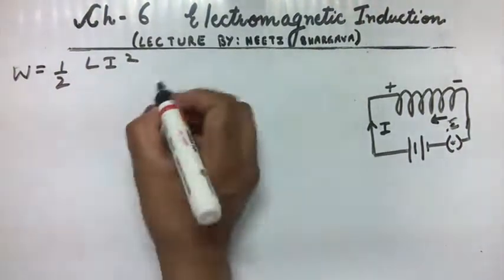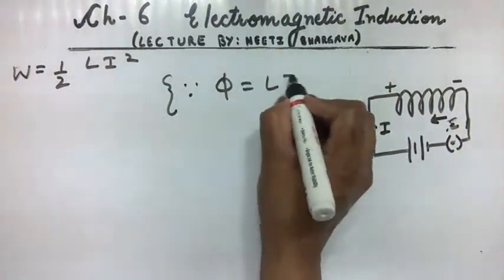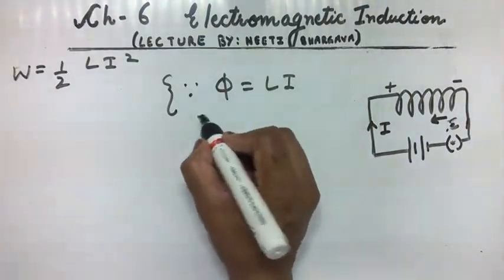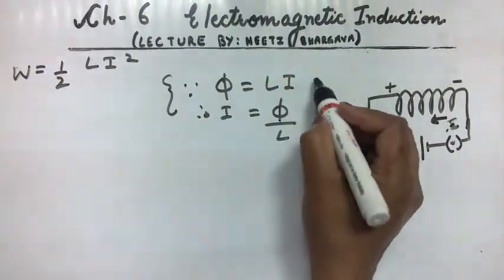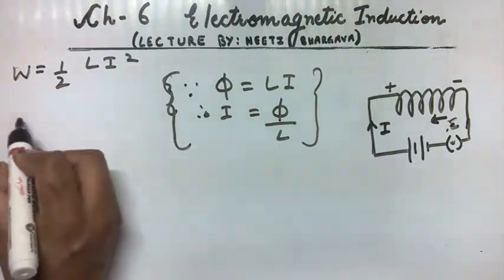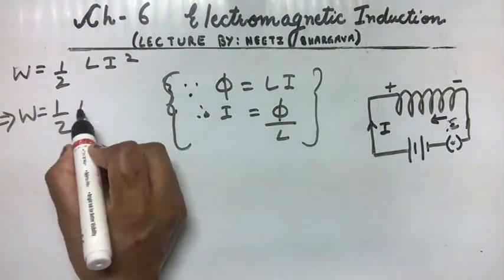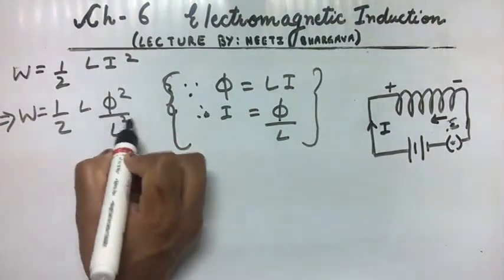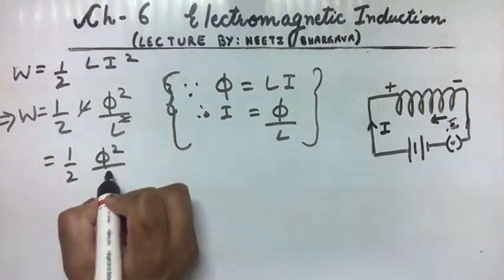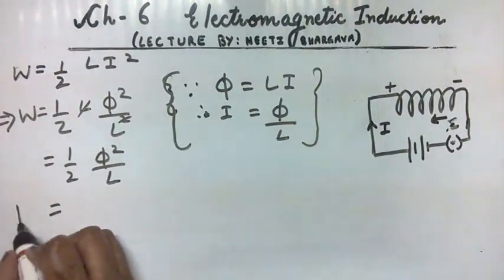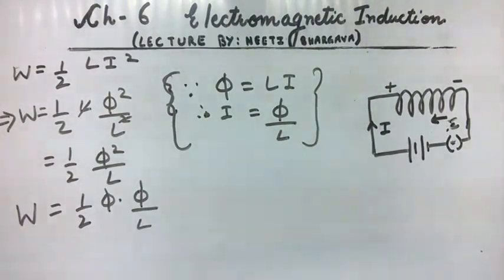As we know, flux is given as L into I, therefore I can be written as phi by L. So here we can also write work done is equal to half L into phi square by L square, or half phi square by L. Or we can write half into phi by L, and phi by L is I, so we can write it as half I into phi.